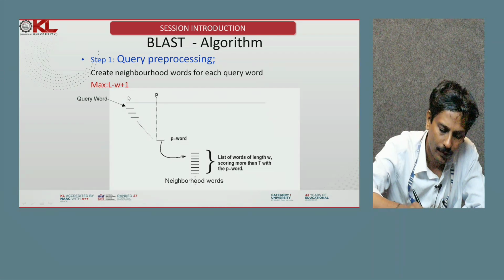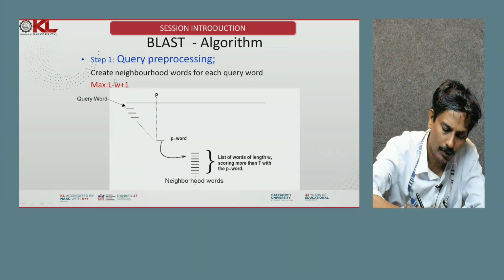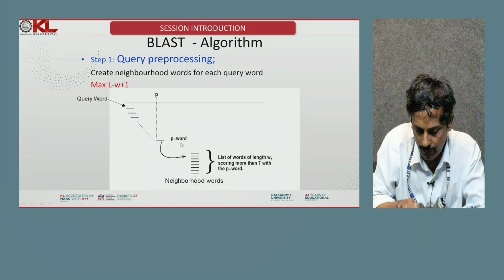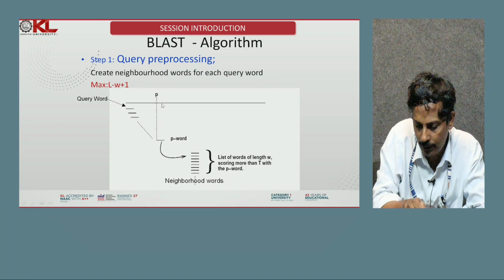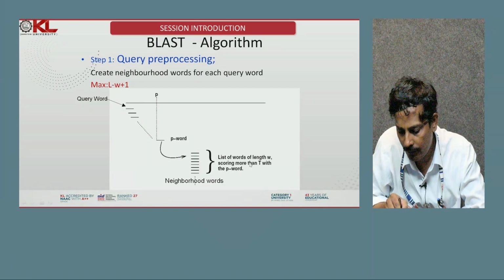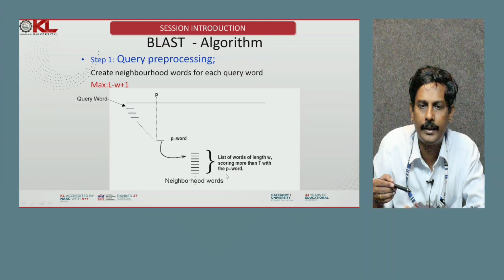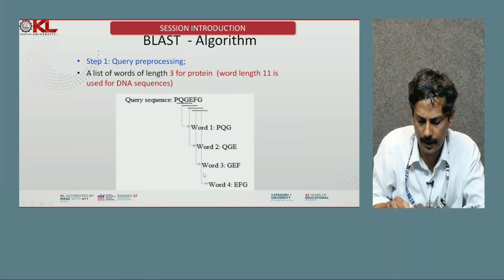This is the local identical word, this is the query word, and this is the P word. Here is the list of words of length W scoring more than T within the P word. These are the neighbor words.